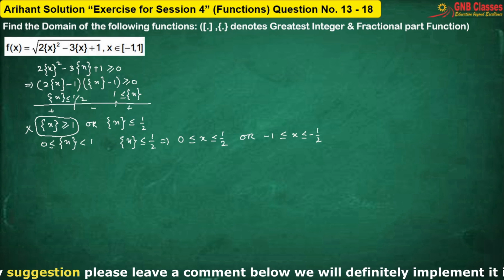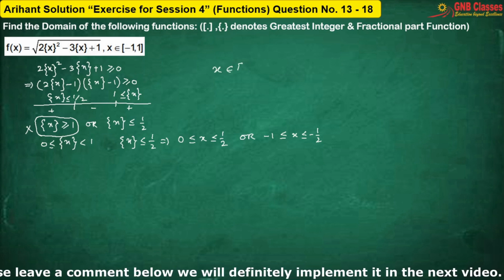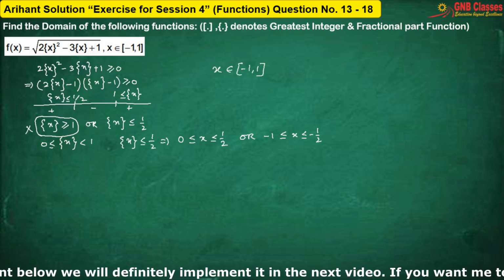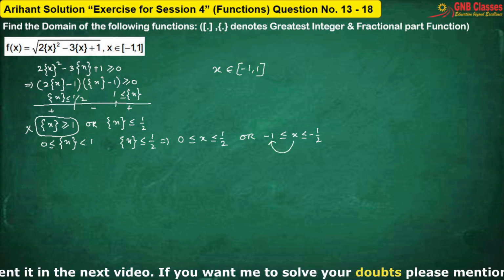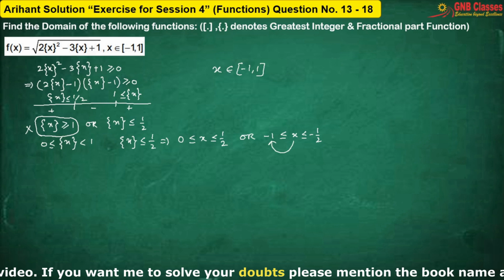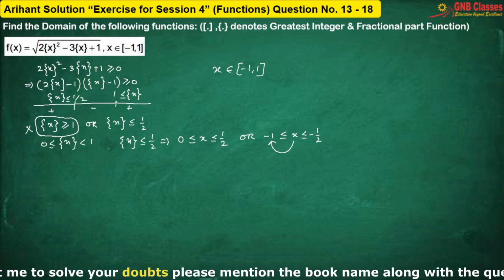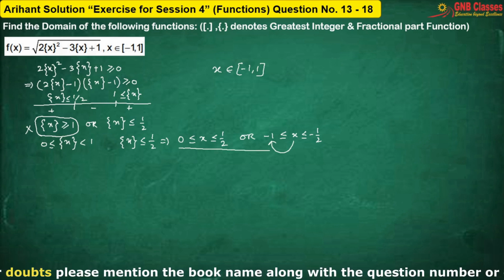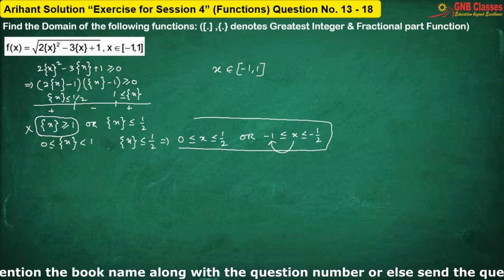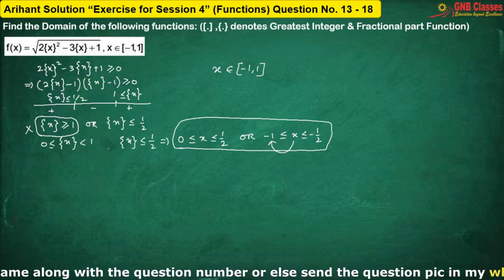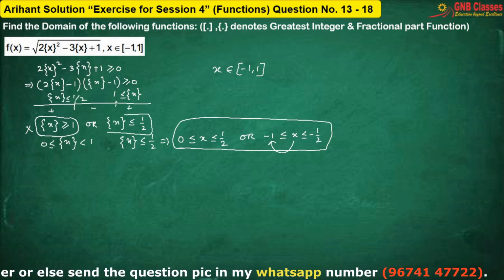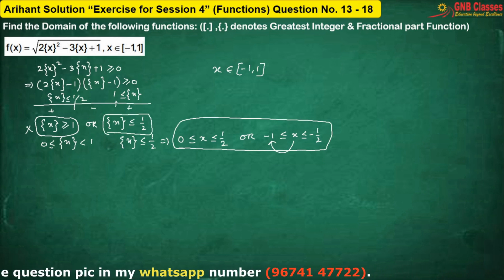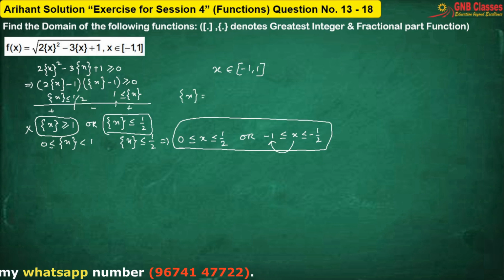As we have been given that x lies between -1 and 1, therefore the range of x cannot be less than -1. Is it clear? Therefore our answer should be this part only. Now observe one thing, that fractional part of x less than equals to half means fractional part of x can be equals to 0 also.